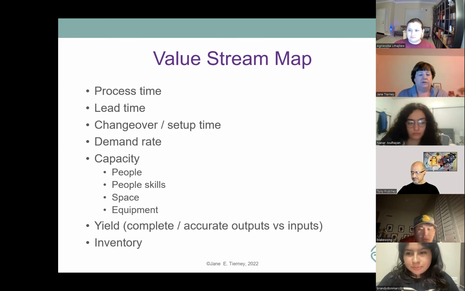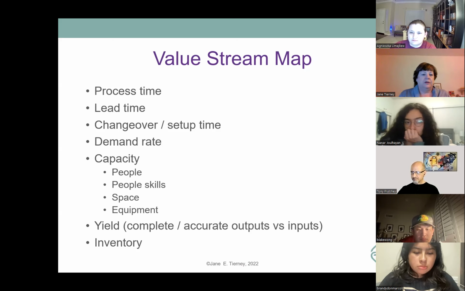Then what's the changeover and setup time? Is there a changeover, or is it just a constant thing? The changeover for feeding the dog might be washing the bowl out and making sure that you throw away anything that he didn't eat or she didn't finish from yesterday or from this morning when you're feeding them tonight. Is there any cleanup that needs to be done?